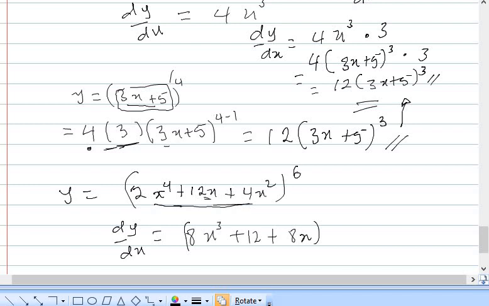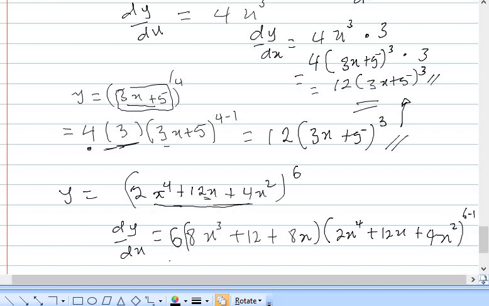So this is the differential of the parentheses. This should be multiplied by 6, and then take the whole expression and subtract 1 from the 6. Then we take the whole this, that's 2x raised to power 4 plus 12x plus 4x square, then power 6 minus 1.